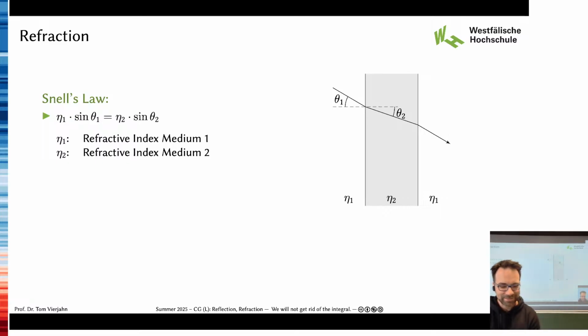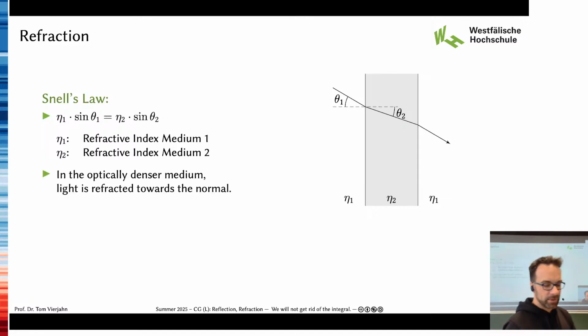We're just saying that eta 1, the refractive index of medium 1, times the sine of the incident angle, theta 1, is equal to the refractive index of the second medium times the sine of the exitant angle on the other side. Right? And this leads to, in the optically denser medium, light is refracted towards the normal. Okay?